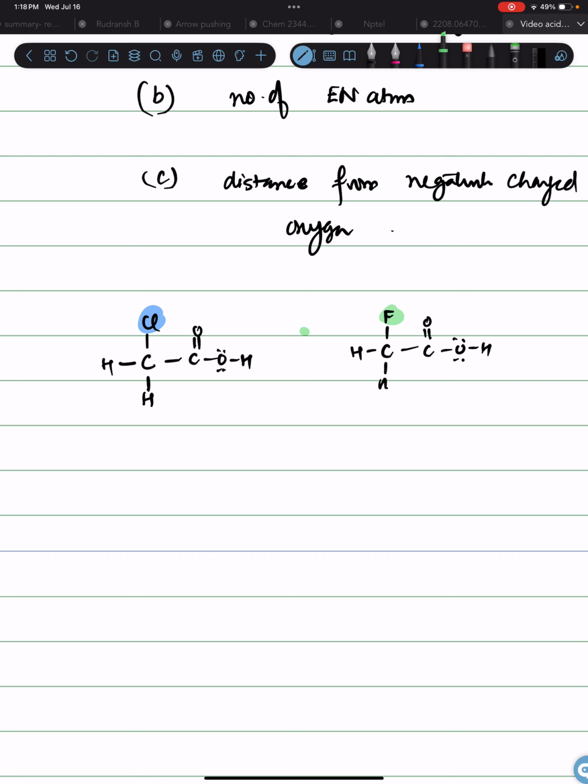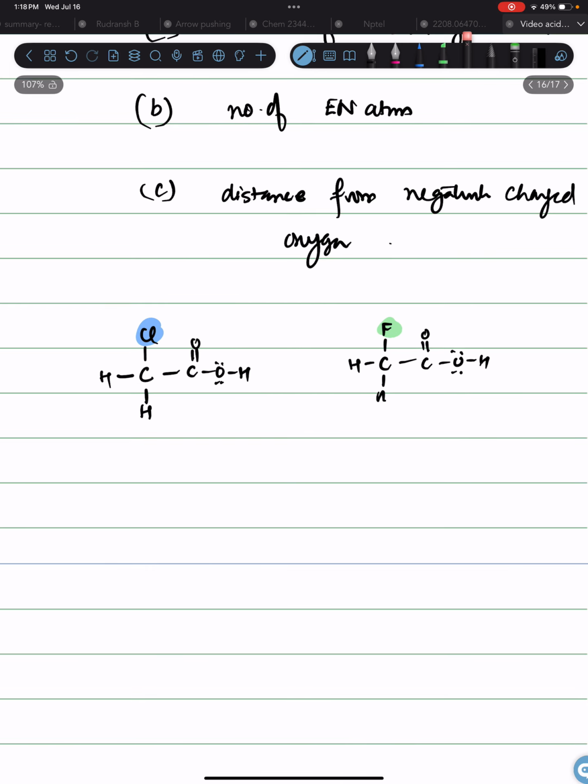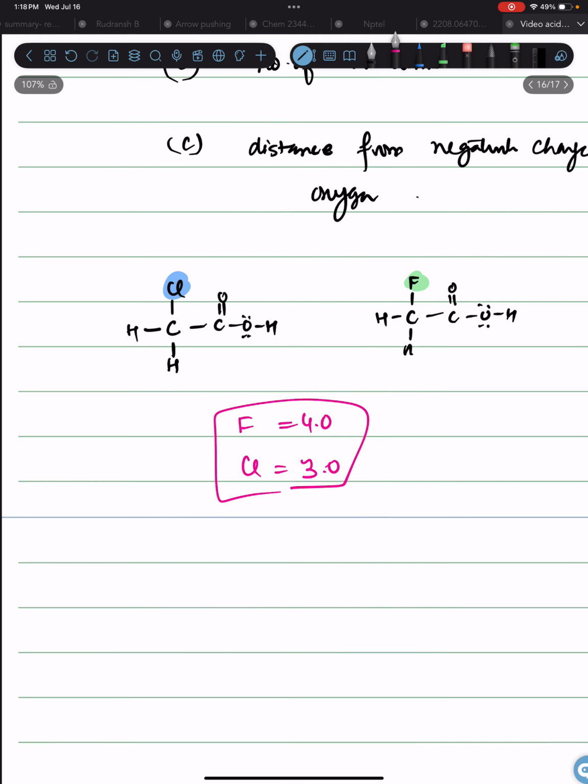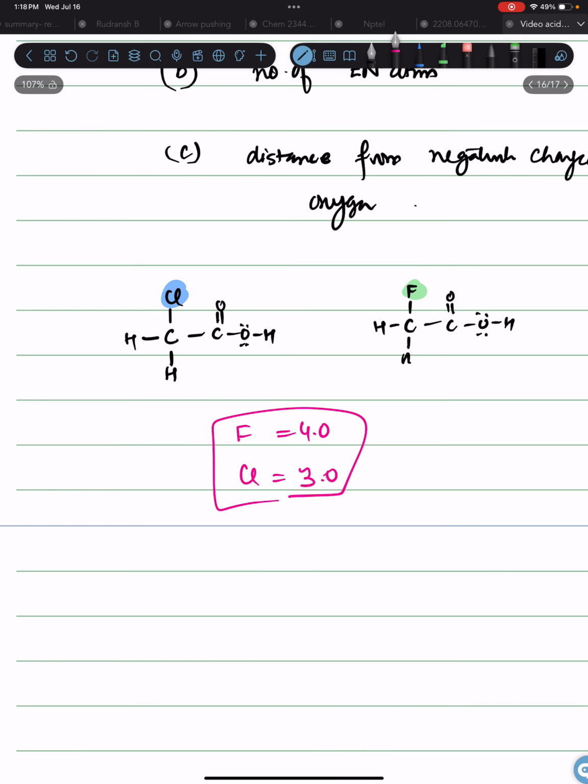We know that the electronegativity of fluorine is 4.0. For chlorine it is, I think, close to 3.0. So chlorine is less electronegative, so it will withdraw the electrons towards itself to a lesser extent as compared to fluorine.